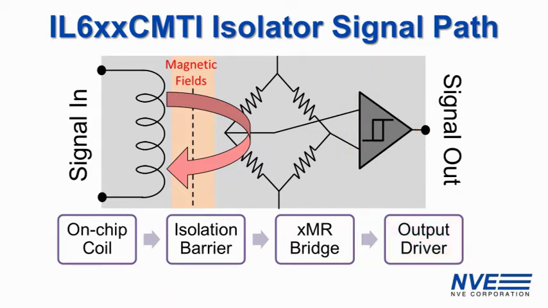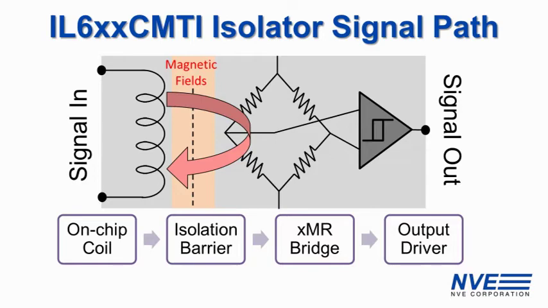This is the basis of NVE's patented IsoLoop spintronic technology. All of this is done through NVE's industry-leading polymer ceramic isolation barrier to provide a 2.5 kilovolt rated isolation and virtually unlimited barrier life. The extremely small size of the coil minimizes capacitance. The impedance matching in this configuration is excellent, and the CMTI is best in class.